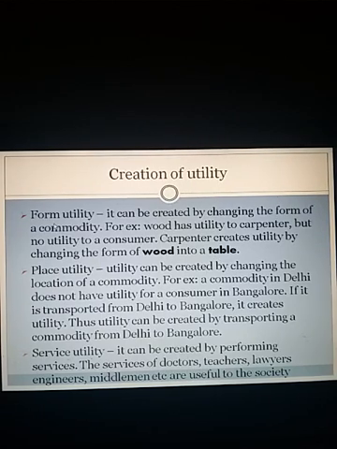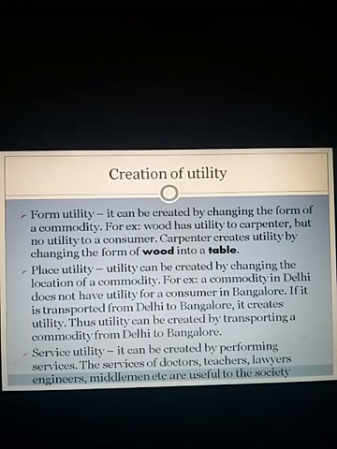Thus, we say form utility, or utility, can be created by changing the form of a commodity. We have to just change the form of a commodity. For example, assume cotton. Cotton is a raw material. Cotton has no use to the final consumer. Similarly, just like this example, cotton has utility to weavers or cotton textiles.